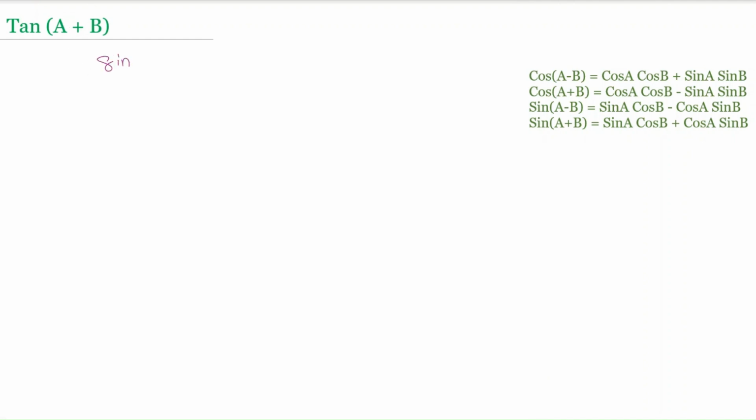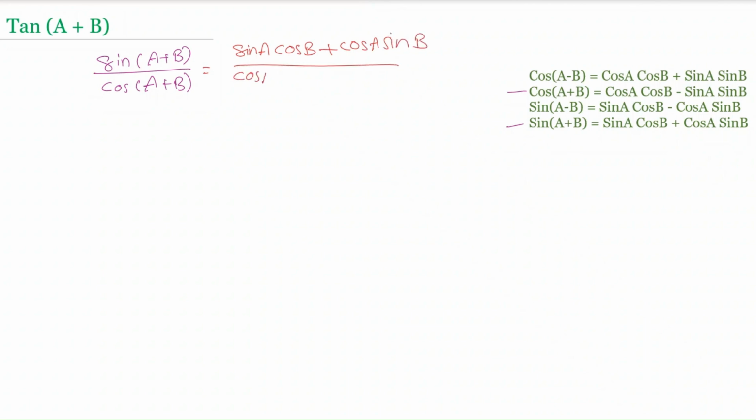So tan A plus B is nothing but sin A plus B upon cos A plus B. Now we have formulas here for sin A plus B and cos A plus B. Substituting those values, we get sin A cos B plus cos A sin B upon cos A cos B minus sin A sin B.